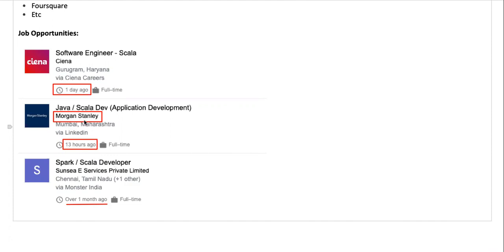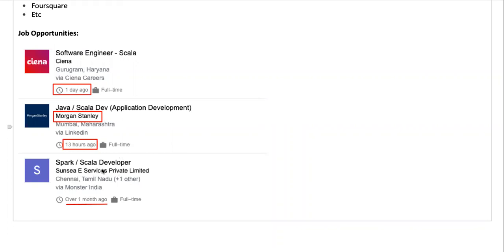Morgan Stanley is a very big organization in terms of financial institutions and asset management. It posted a job 13 hours ago related to Scala developer and Java developer. One month ago there was also a job in Chennai.